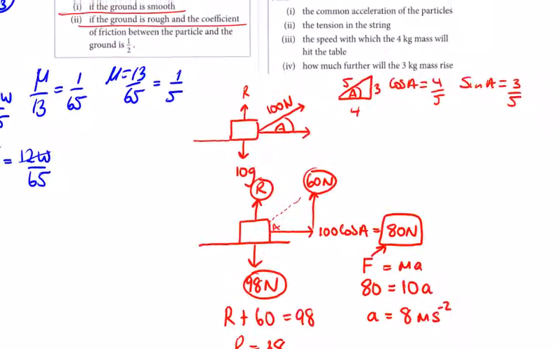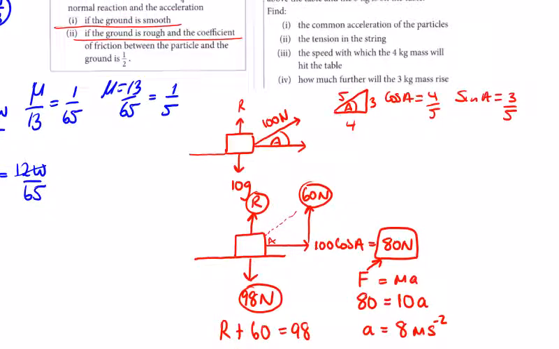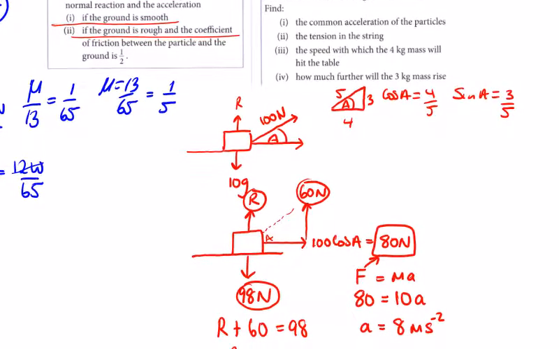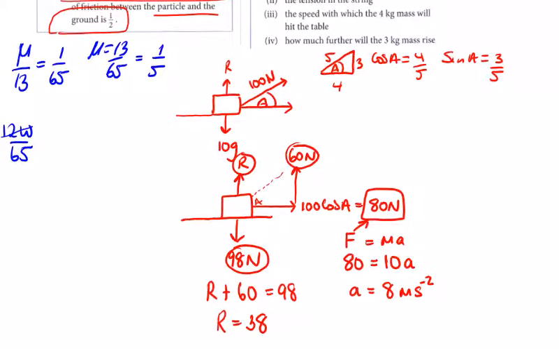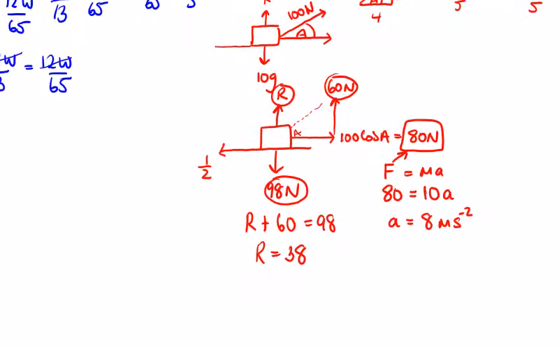If there is mu involved, can we use the same diagram? If the coefficient of friction between the particle and the ground is a half, let's have a look here. We have a half going this way. So what can we say mu R is? I'll take a shortcut here. Mu R is equal to a half by 38, which is equal to 19 newtons.